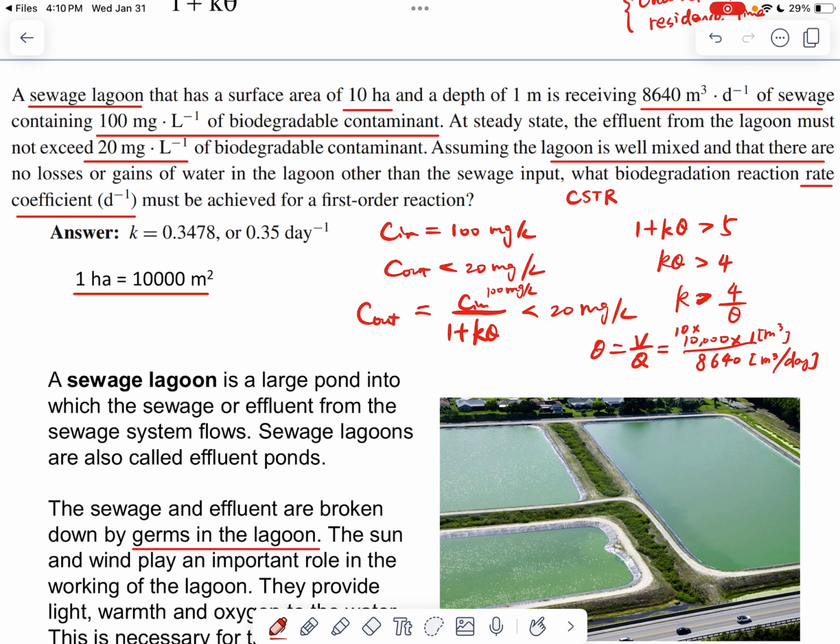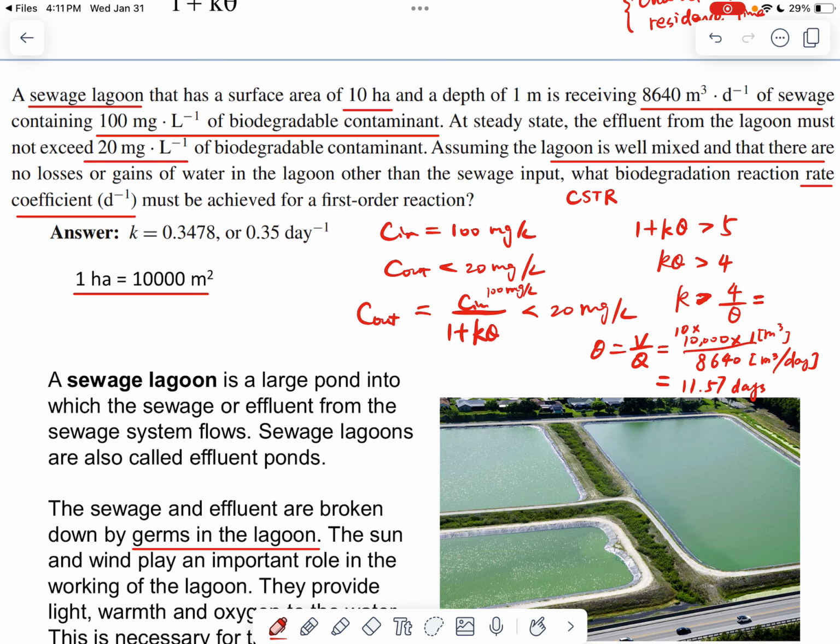Okay, so with this condition, you can find out that theta is going to be 11.57 days, right?